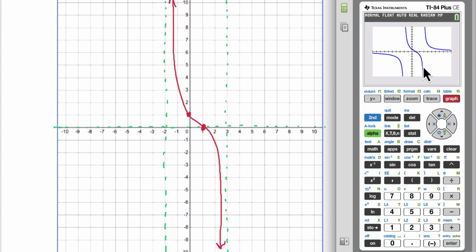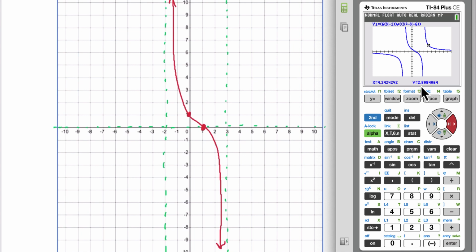It looks like we do have the middle correct. We can see what's happening on the left and the right side now. We can use the trace button to get a point that is close by. So we have roughly (4, 2.5).